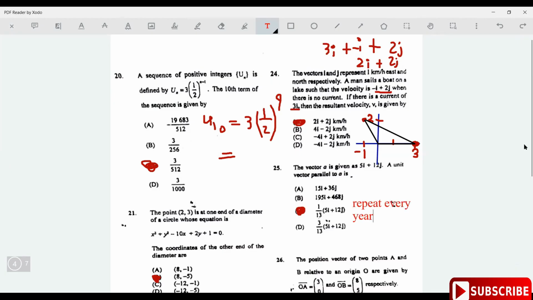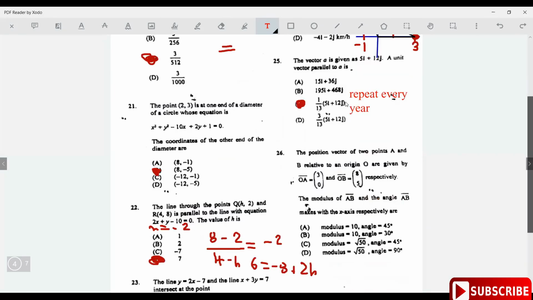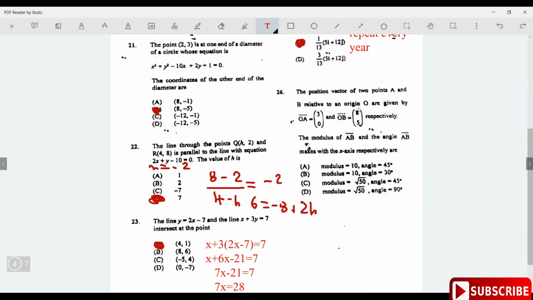Nice. Next one, 26. It says the position vectors of 2 points A and B relative to the origin are OA and OB. The modulus of AB and the angle AB makes with the x-axis respectively are, well, the modulus of AB, first you need to find what is AB. AB is OB minus OA.